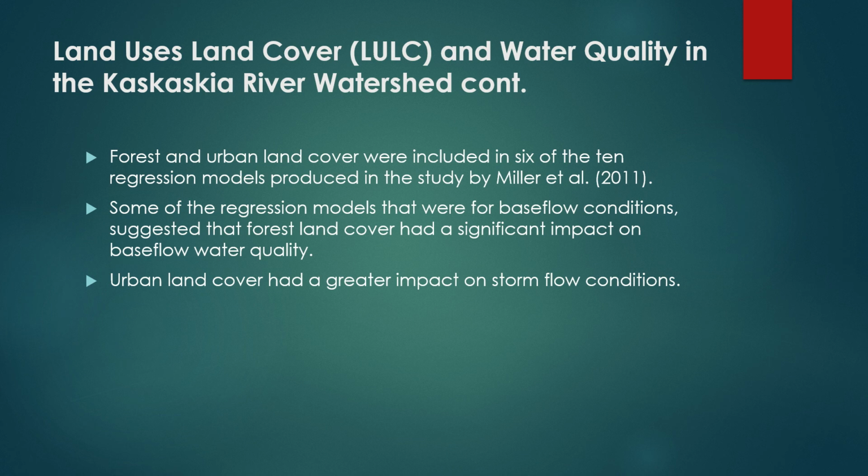And then urban land cover had a greater impact on storm flow conditions, which makes sense. When you're dealing with urban land cover, you're dealing with more impervious surfaces, and of course that would increase your runoff coefficient.